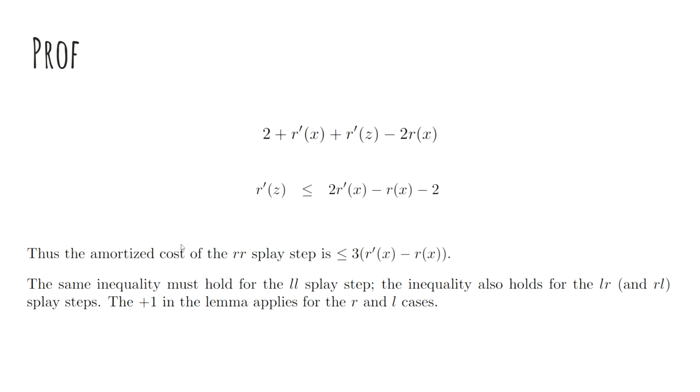Thus, the amortized cost of the RR splay step is 3 times the difference between r'x after the splay and rx before the splay step. The same inequality must hold for the LL splay step and the other ones. The plus one in the lemma applies for the R and L cases.